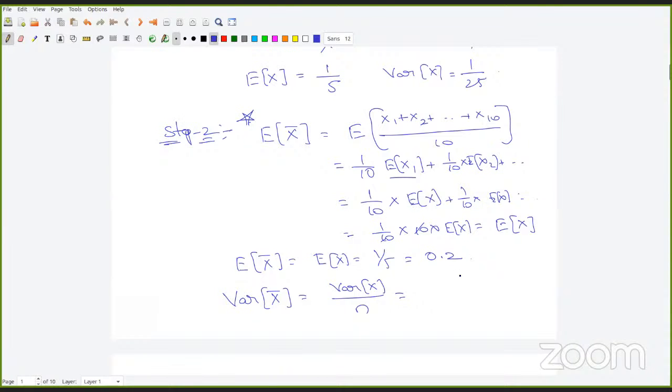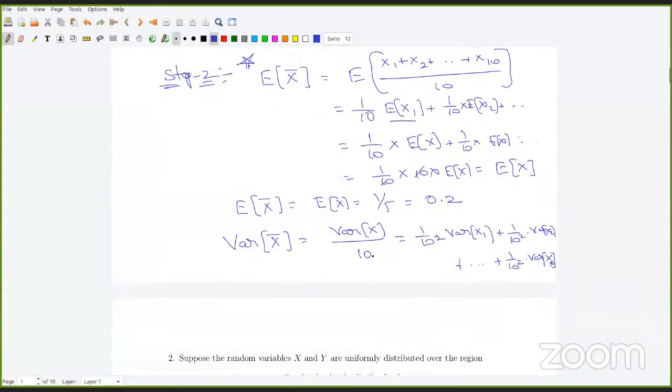So if uncorrelated, we can write variance of x bar, where n is 10 here, as 1 by 10 square times variance of x1, plus 1 by 10 square into variance of x2, and so on, 1 by 10 square into variance of x10.